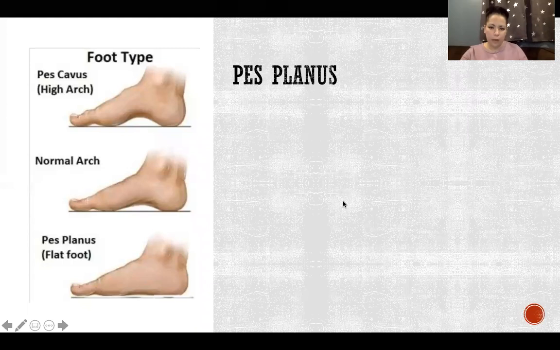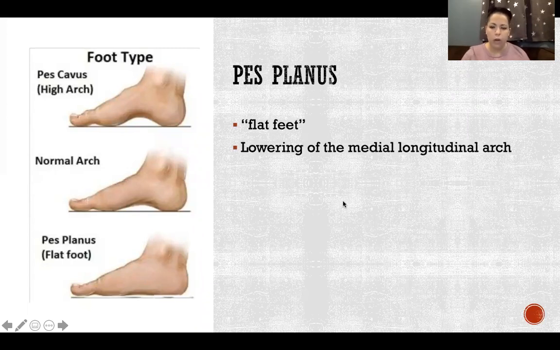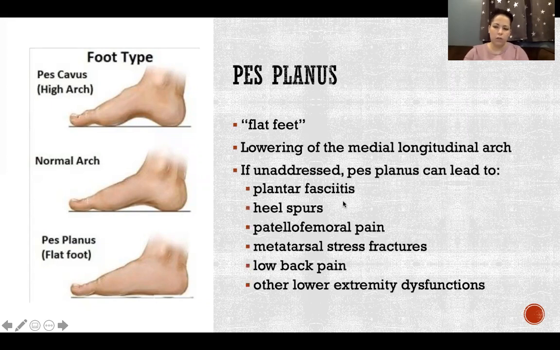Okay, so pes planus, that is flat feet, like we see in the bottom picture here. So it's a lowering of the medial longitudinal arch, which if unaddressed, like with orthotics or in extreme cases, maybe surgery, but if you just leave flat feet alone, it can lead to a variety of other problems in the feet. So plantar fasciitis or plantar fasciosis also.